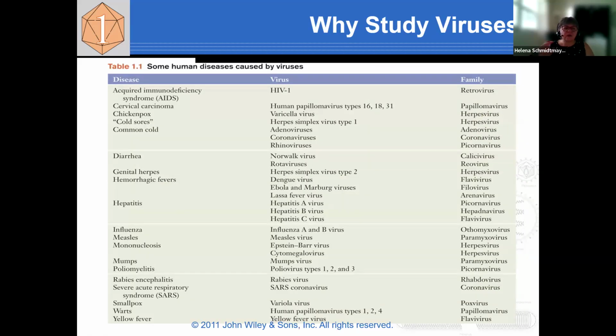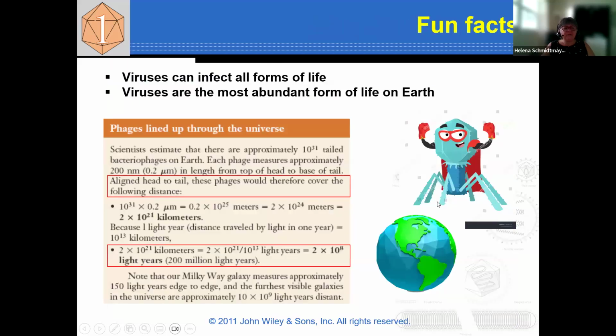So this table shows just some human diseases caused by viruses. Of course, you don't have to memorize them all, but the major ones we will discuss in more detail. It's just for your information. There are also fun facts about viruses.